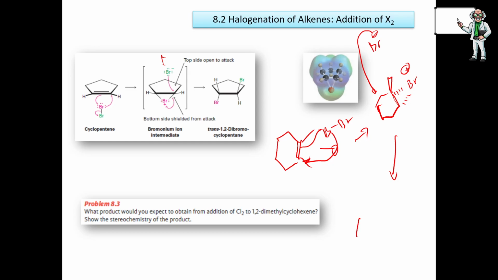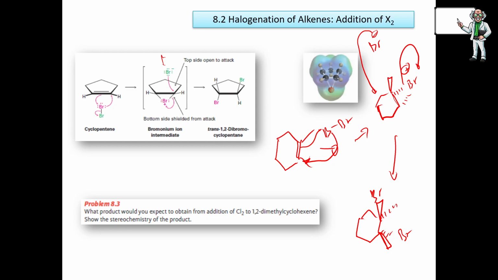What we get if the attack is from behind is the bromine up in this carbon and the methyl down, and here just the opposite: the bromine down, that is where the ring was free, and the methyl up. This attacks here, this goes to the bromine, and we generate the trans compound. Okay, this is the mechanism of the dibromination, the addition of halogen to a double bond.